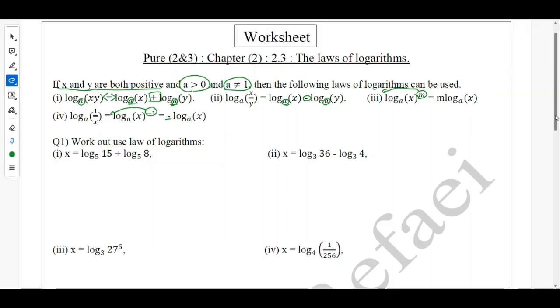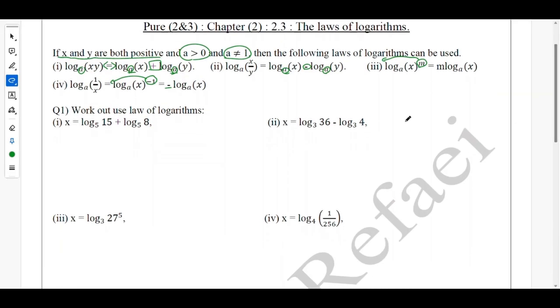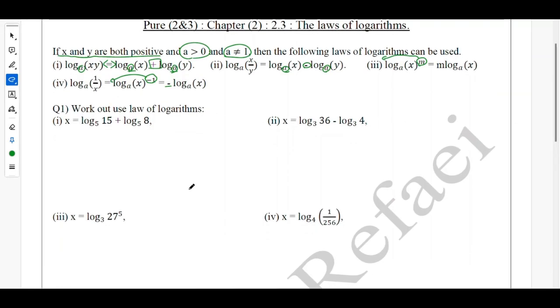Question number 1. Work out, using laws of logarithms. First one, x equals log 15 to the base 5 plus log 8 to the base 5. First of all, it's addition, and they are sharing the same base.